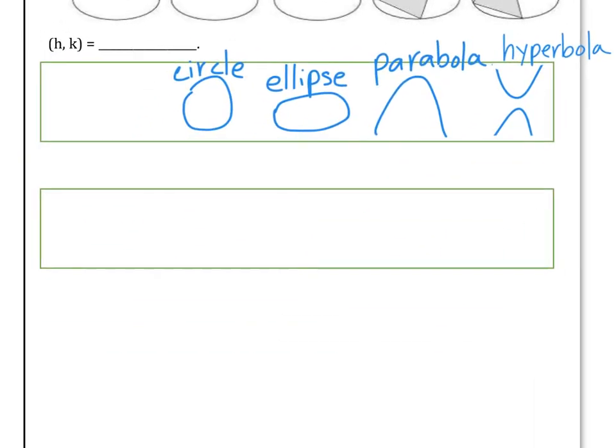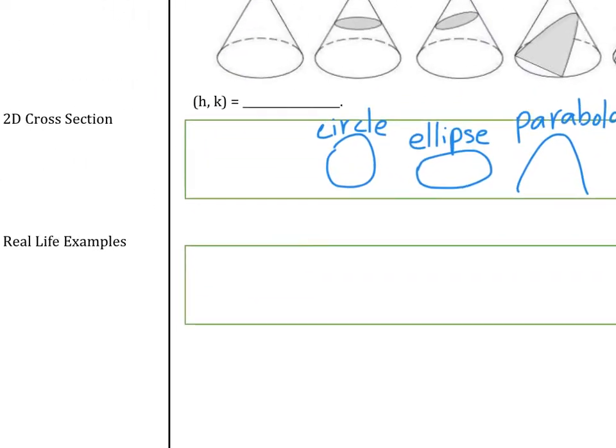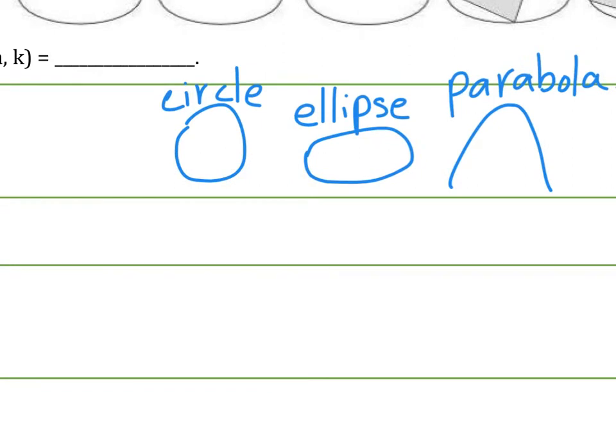Okay. Now let's talk about real life examples. What are some things in life that is circular? Clock. Clock, very good. Soda can. Cans. You and Sebastian think alike.